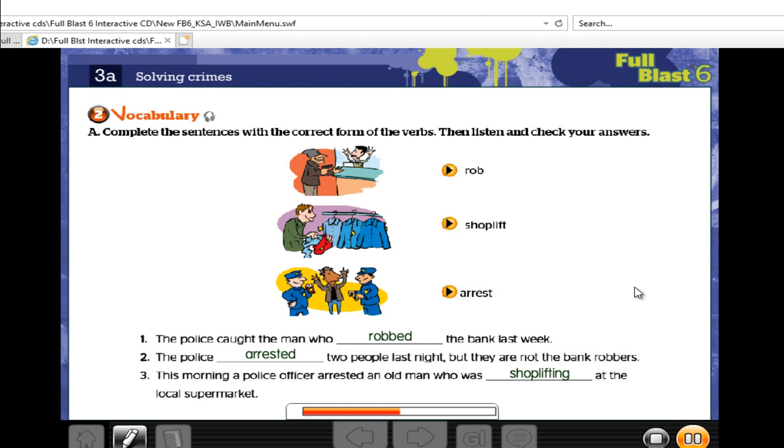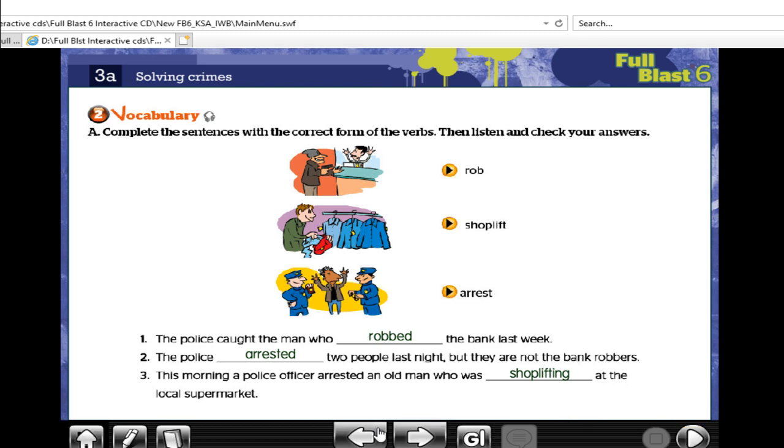The police caught the man who robbed the bank last week. 2. The police arrested two people last night, but they are not the bank robbers. 3. This morning, a police officer arrested an old man who was shoplifting at the local supermarket.